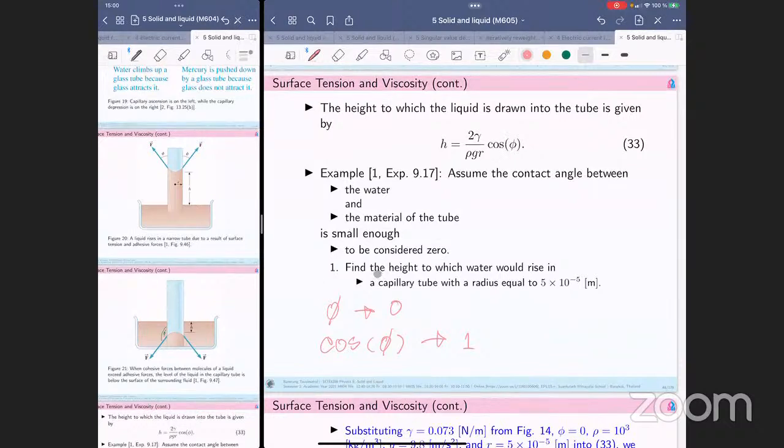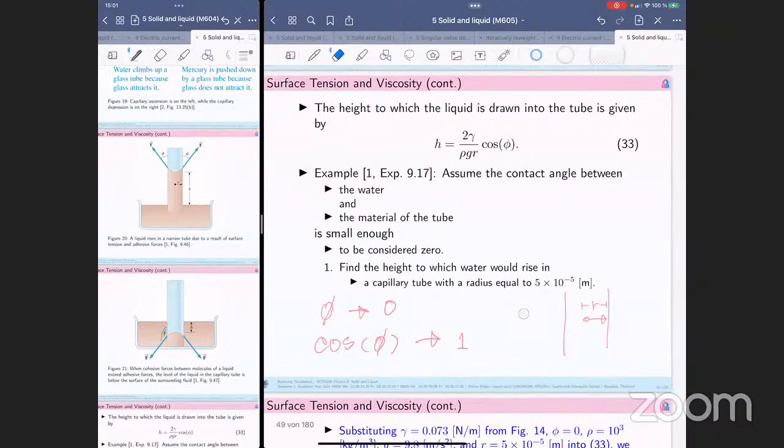Now let's consider the question: find the height to which water would rise in a capillary tube with radius equal to 5 times 10⁻⁵. So r of the capillary tube, from this point to this one, this is r, right? r here is 5 times 10⁻⁵ meter, right?